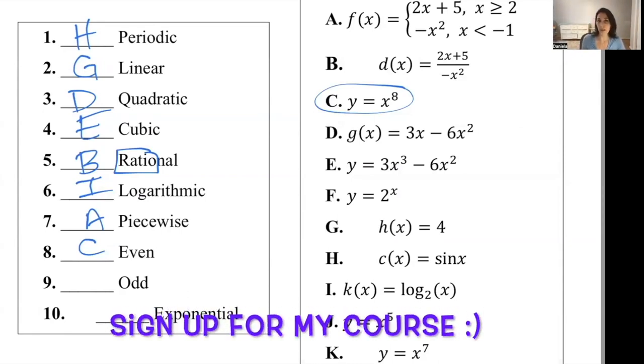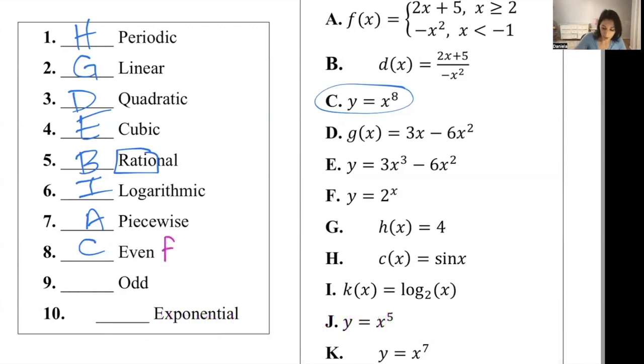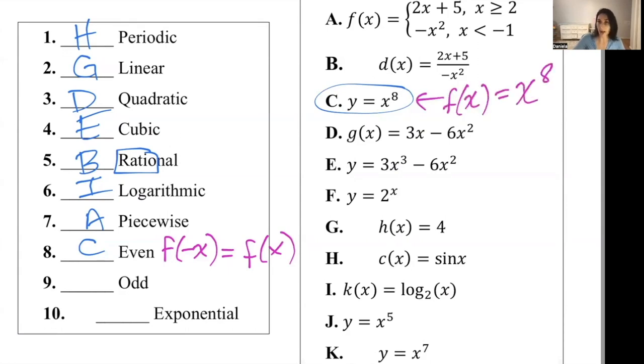So then we have algebraic definitions. The even definition is if I were to substitute a negative x into the function and I simplify afterwards, if I get back the original function, that's the definition of even. So for example, in part C, that's the same thing as f of x equals x to the 8th. So now what happens if I substitute negative x? So f of negative x, I'm just going to do that simple substitution, right?